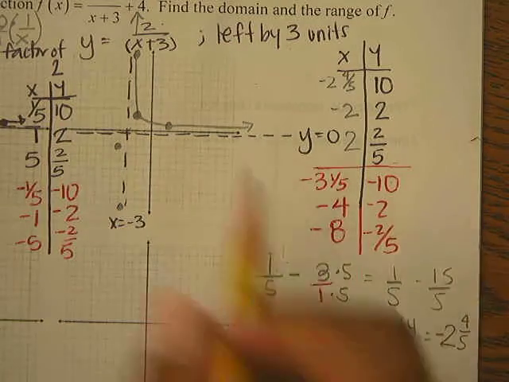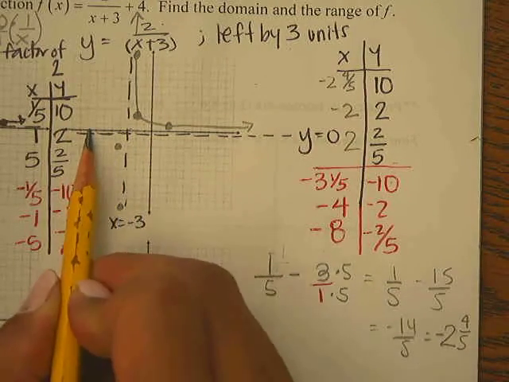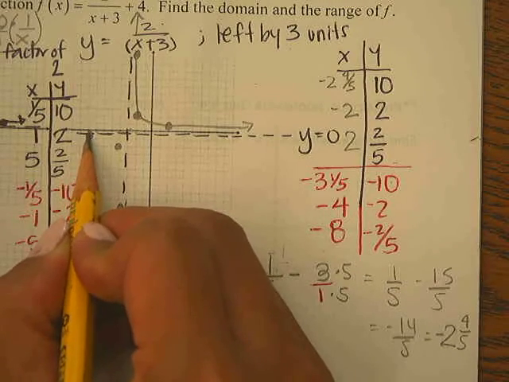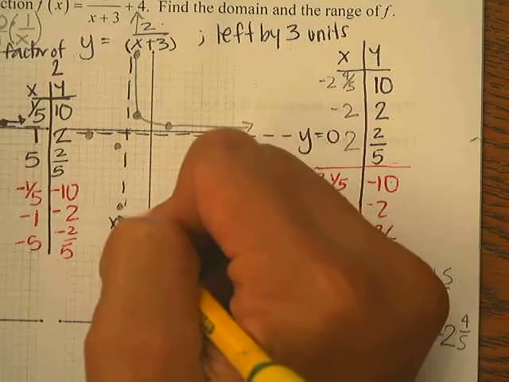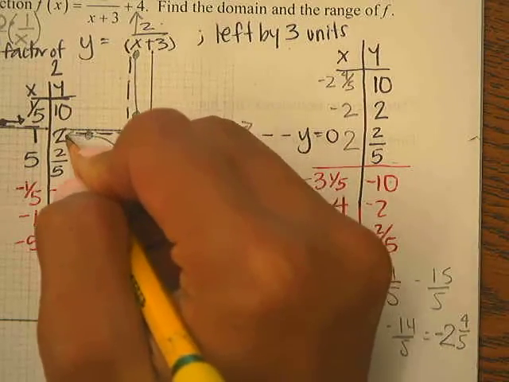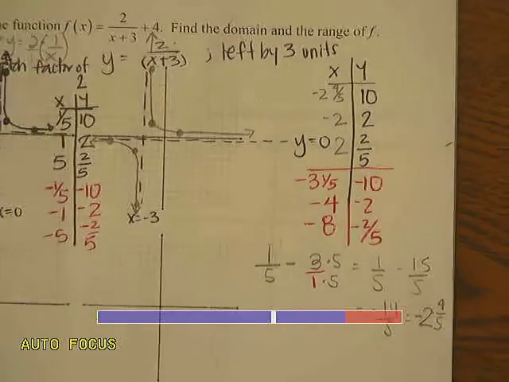Then we have negative 8. So let's count 3, 4, 5, 6, 7, 8. And I need to do negative 2/5. That means it's in between 0 and 1. And then try not to touch your asymptote. Okay, there you go. That is your second transformation.